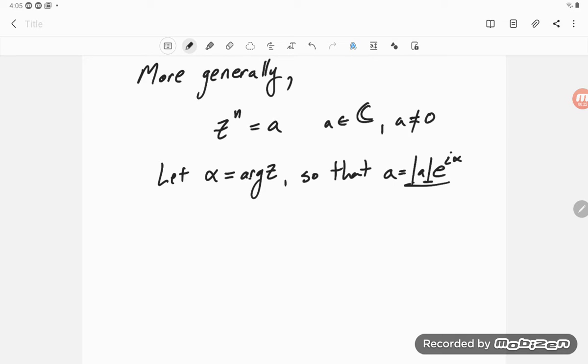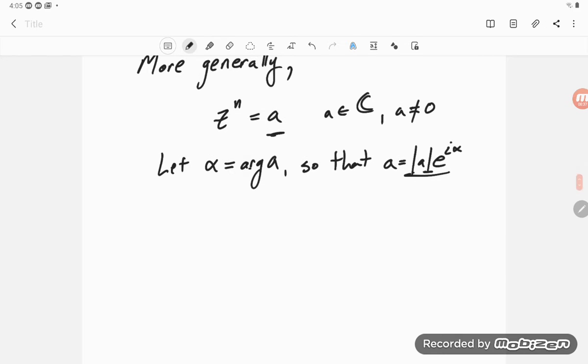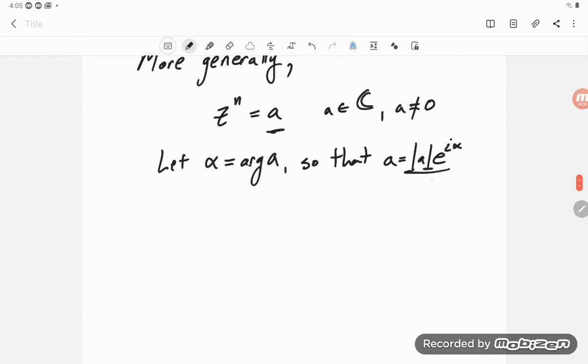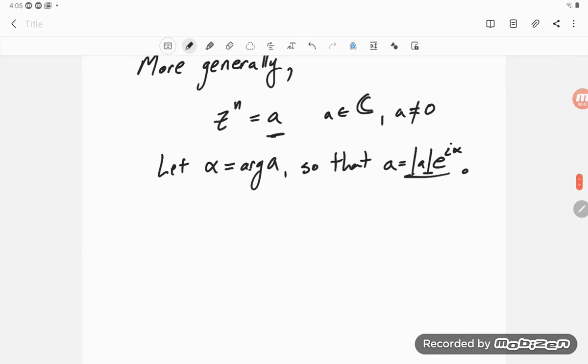And that would be how I would write a, not z. So see, I think they don't have that correct in their proof. I believe that should be arg a. And so if we do that, then we can state this.